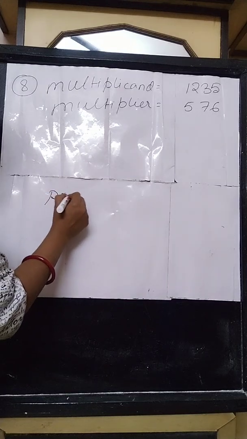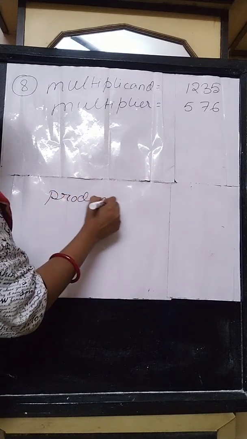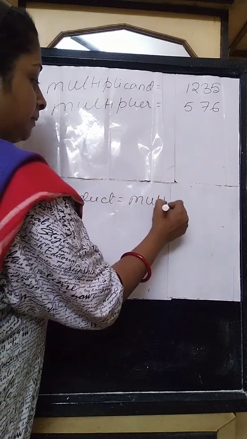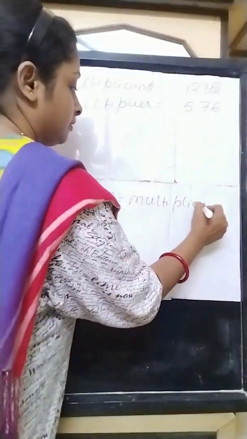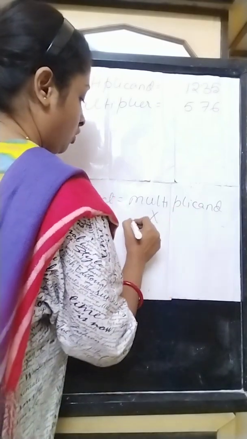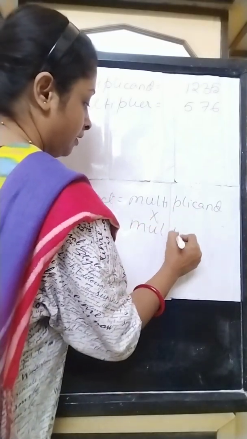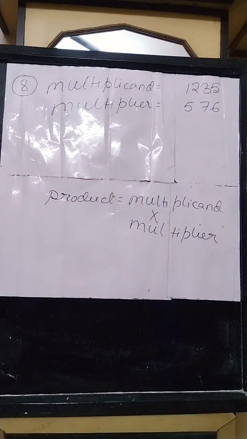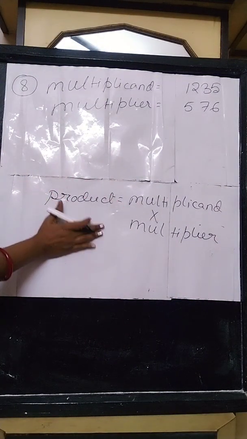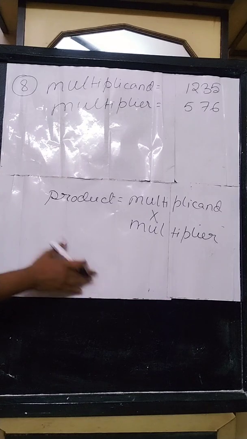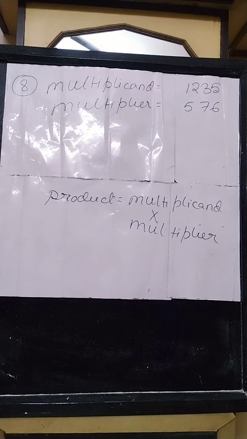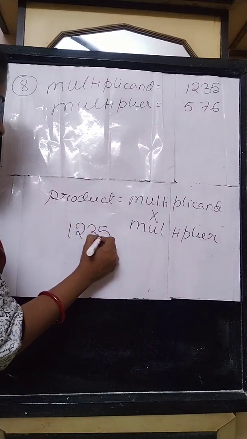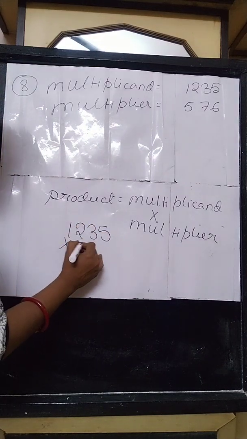To find the product, first you write the formula: multiplicand into multiplier, and you have to show the multiplication in the front of the copy and not in any rough work. So simply you will multiply 1235 and 576.